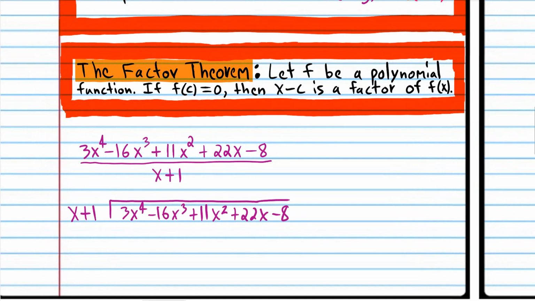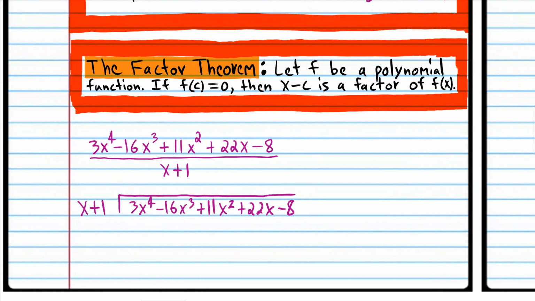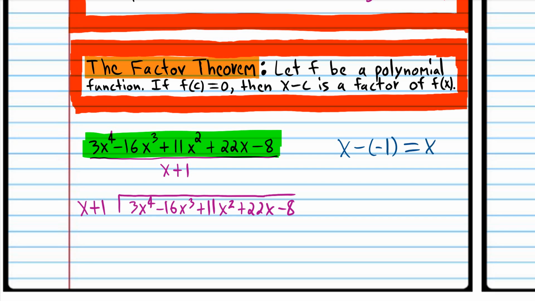But if you plug in -1 and you get 0, then by the factor theorem, that means that x minus -1 is a factor of this polynomial here. So you can actually factor x minus -1, but be aware, of course, x minus -1 is the same thing as x plus 1. You can factor x plus 1 out of this green expression.